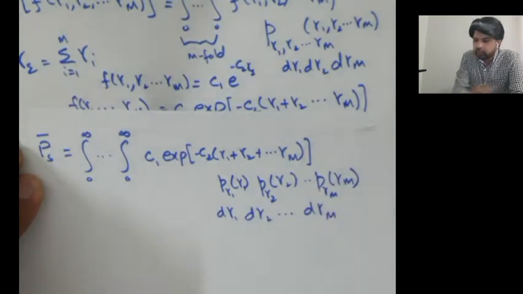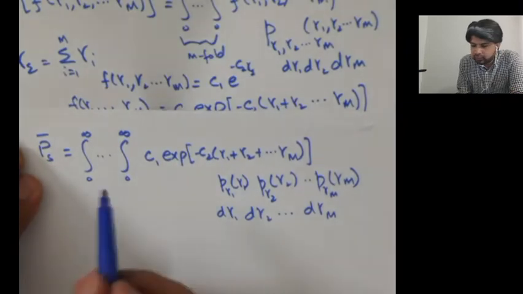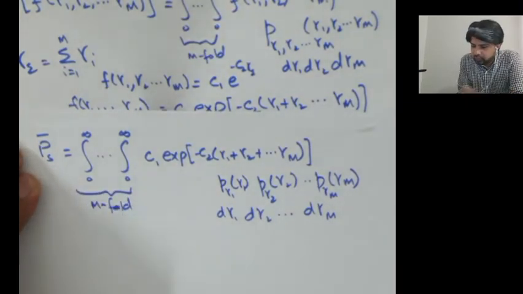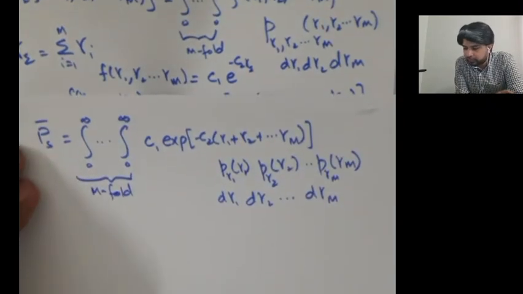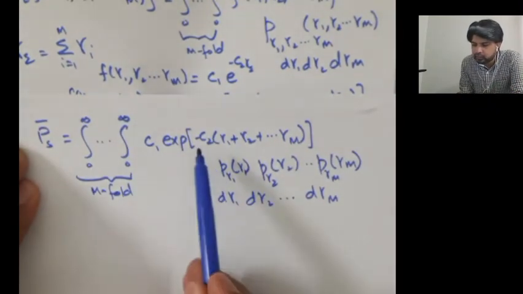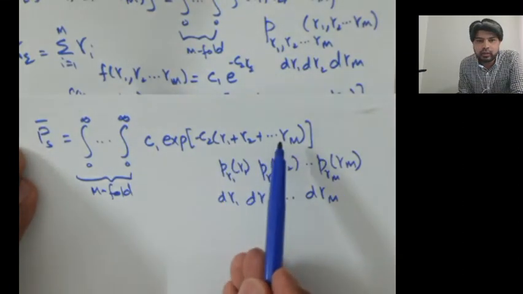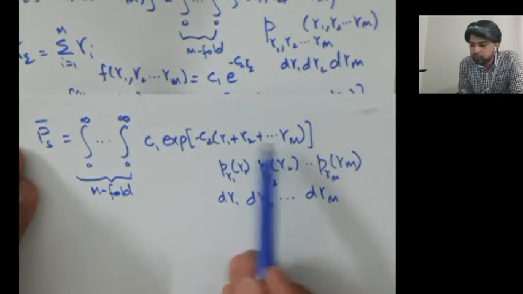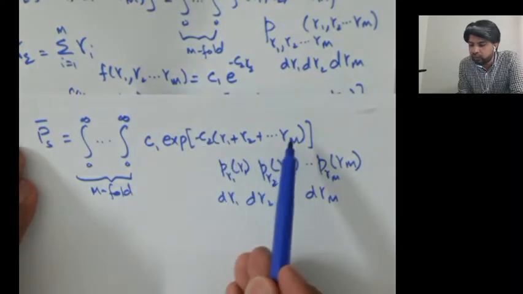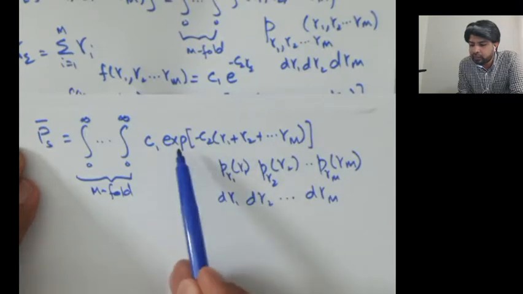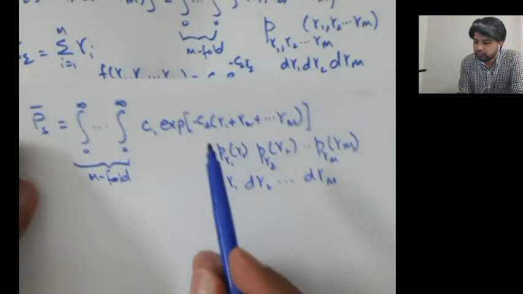And this integral is M-fold. And now, because of this property, that this exponential where the sum of random variables is appearing, you can represent this as a product of capital M exponentials. So that can help.